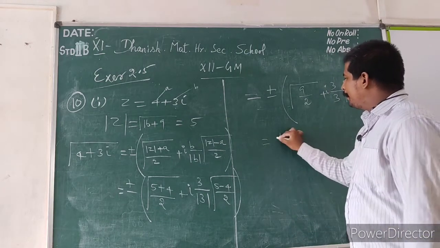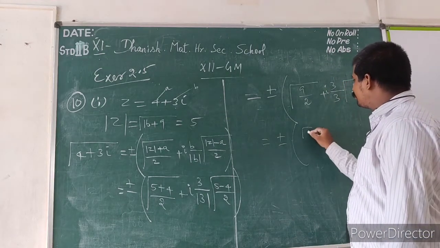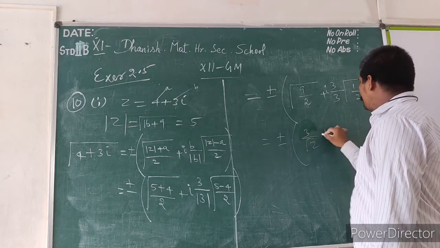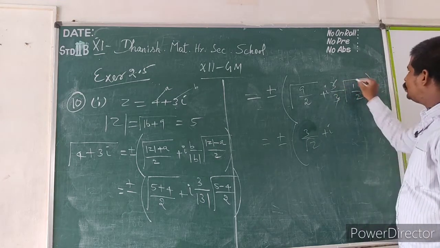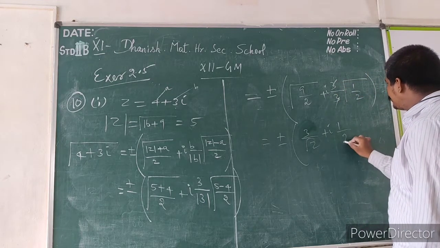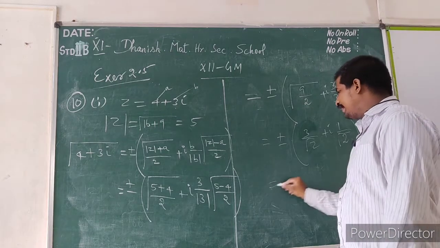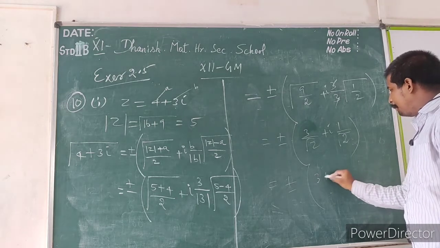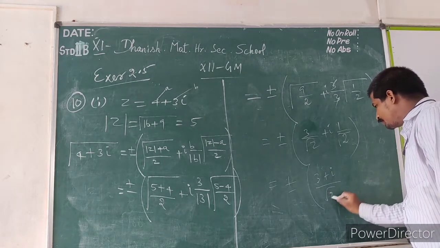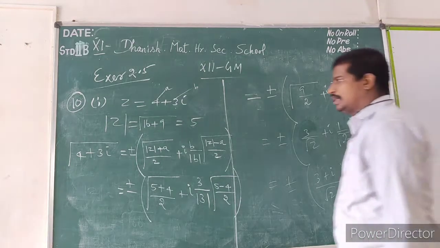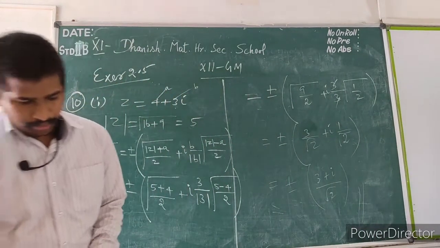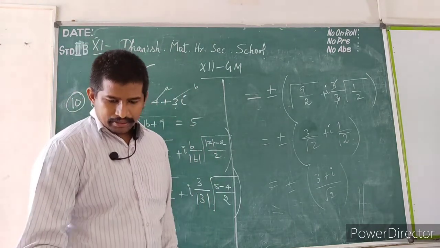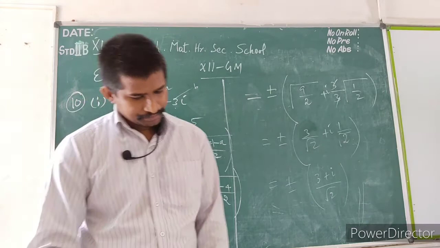So the next step would be plus or minus root 9 is 3 by root 2, plus i, the 3 will get cancelled, root 1 is 1, so 1 by root 2. So the final answer will be plus or minus 3 plus i divided by root 2. That's it. This is the required square root value. Similarly, you can do the second and third as homework.